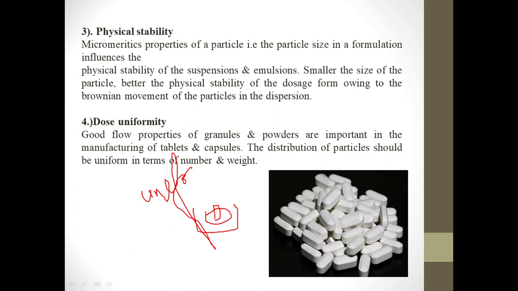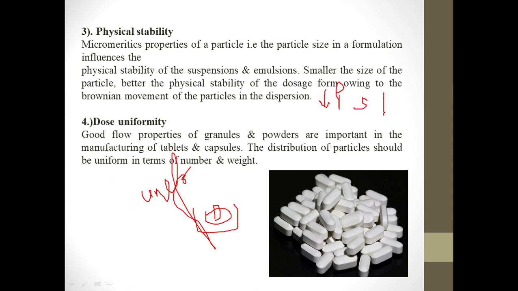Physical stability is also important, and it is guided by micromeritics. Micromeritics helps to maintain the physical stability of suspensions and emulsions. If the particle size is smaller, what will happen?